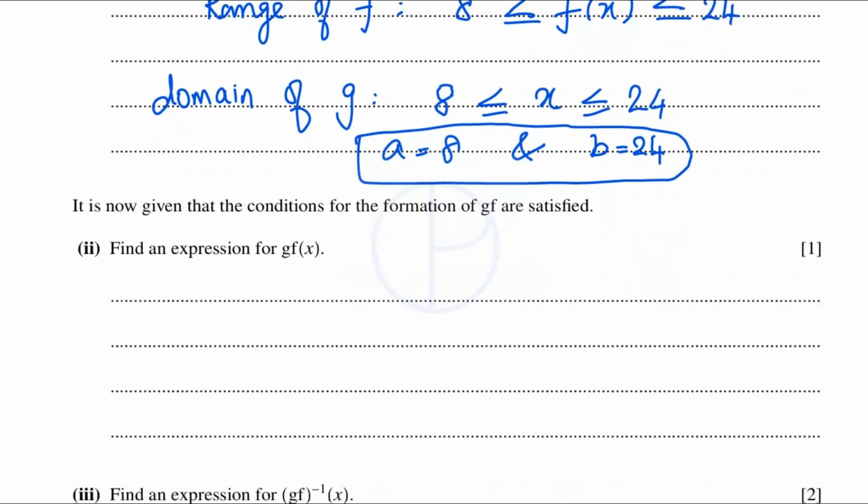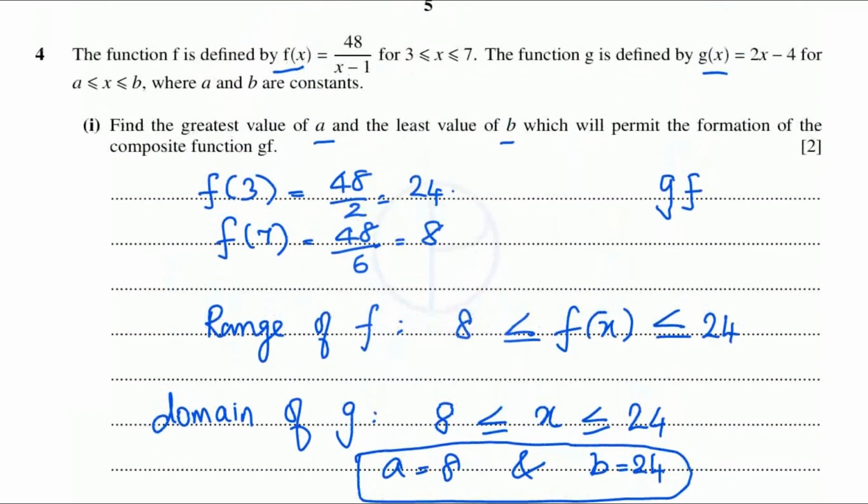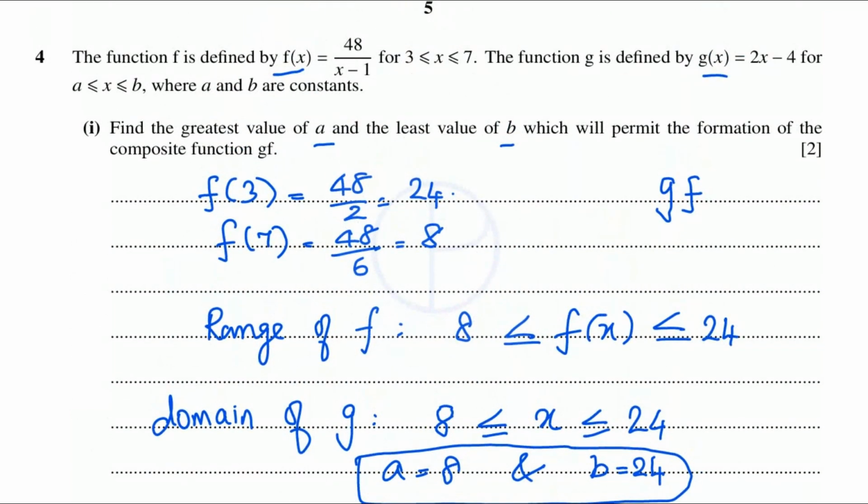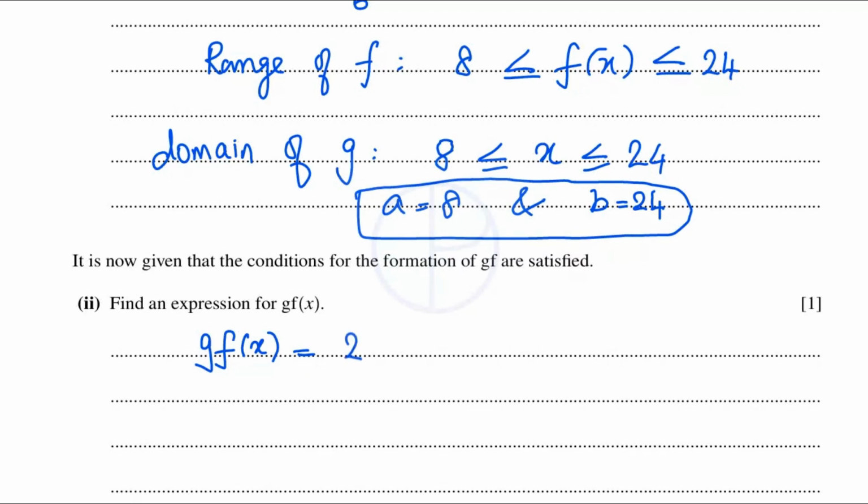The next part of the question is: it is now given that the conditions for the formation of gf are satisfied. Find the expression for gf of x. So f of x is the input to the function g of x. So for gf of x, substitute f of x in g of x. g of x is 2x minus 4. So for x, substitute the f of x value, which is 48 divided by x minus 1, then minus 4.